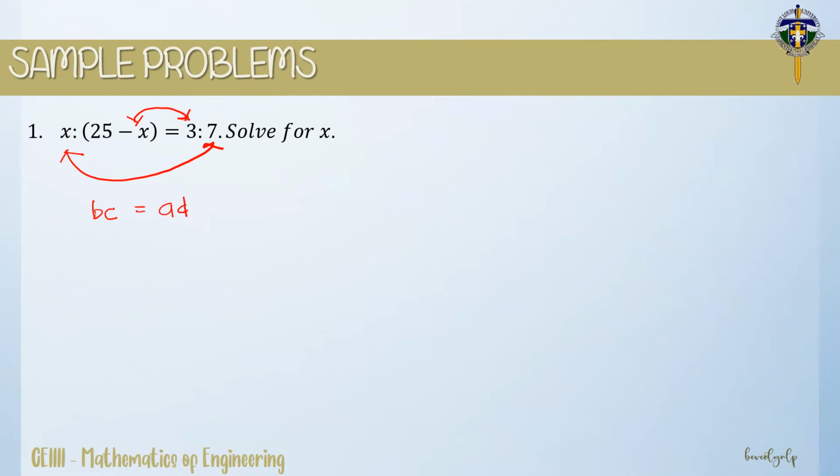So b, that is 25 minus x, multiplied by c is equal to a. This is our a, that is x.